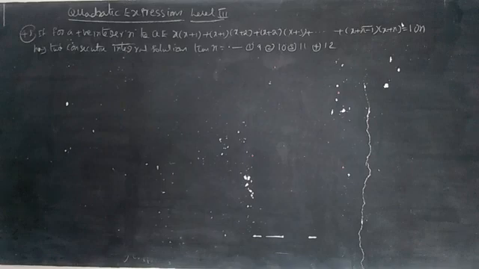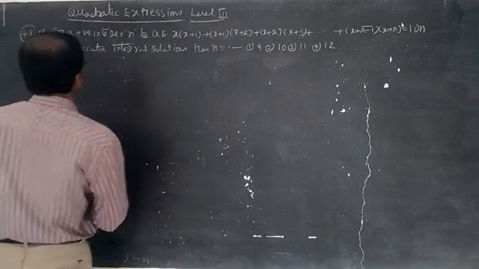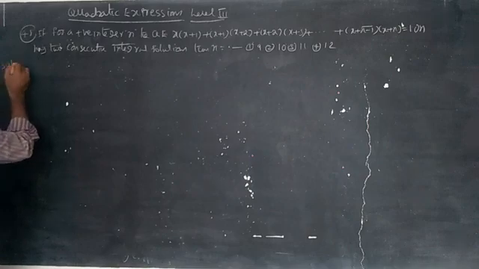Options are printed correctly in your material, but the key is not given from 48 onwards. This is a somewhat lengthy question.